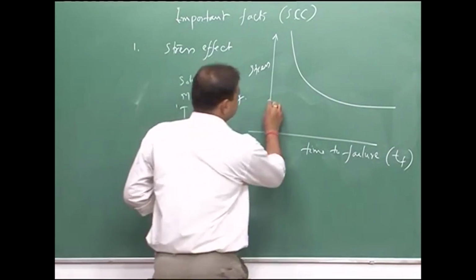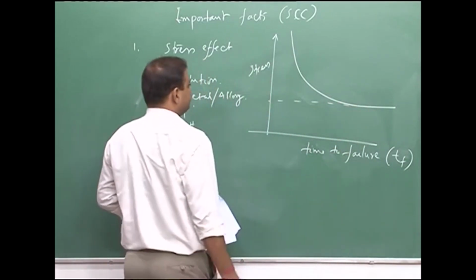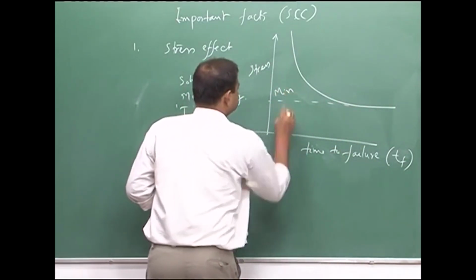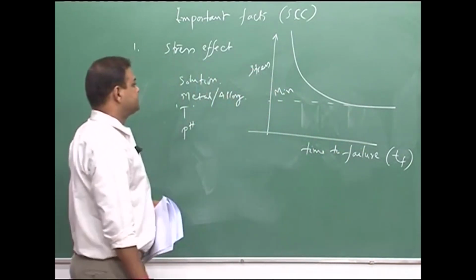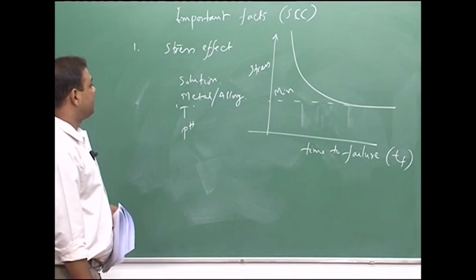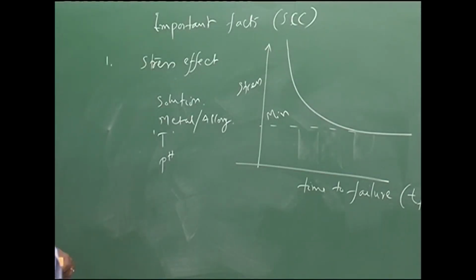So, this is the minimum stress level below which you do not experience any SCC for that particular metal or alloy in that particular solution at a particular temperature and pH values. So, this is the stress effect.